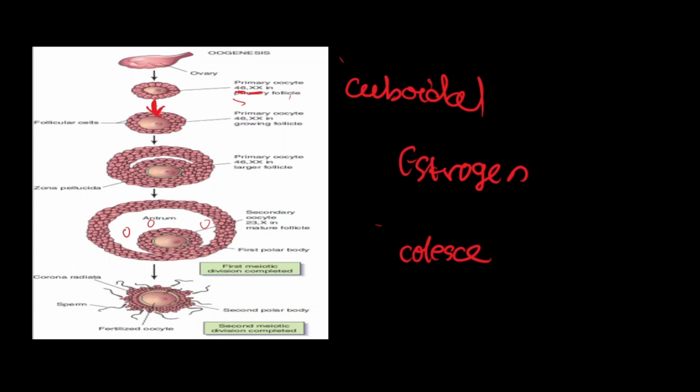Now let's go further into still looking at the first meiotic division. Now we have our primary oocytes that have stopped the first meiotic division at prophase 1. And of course now we have the baby.